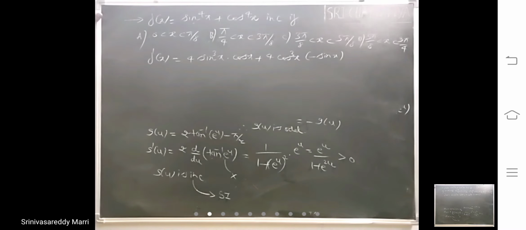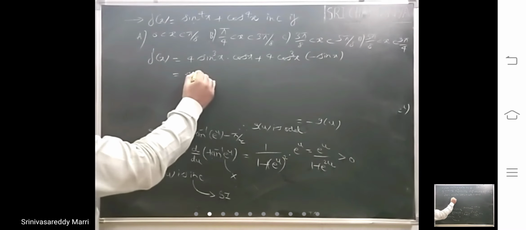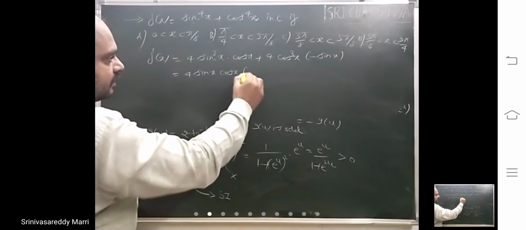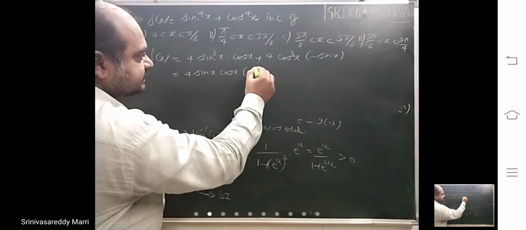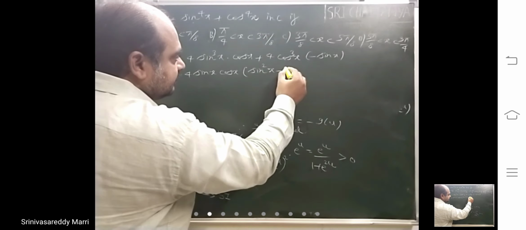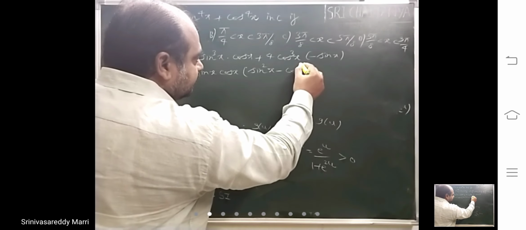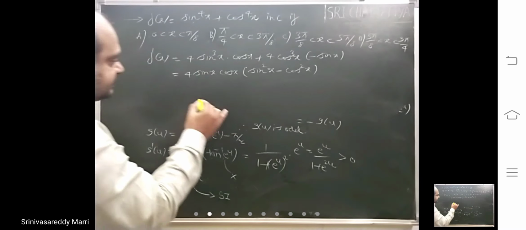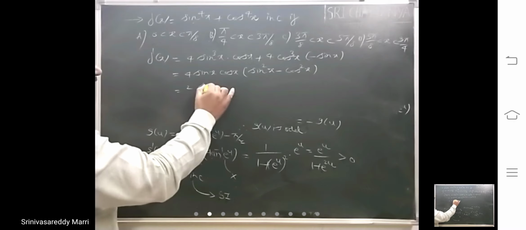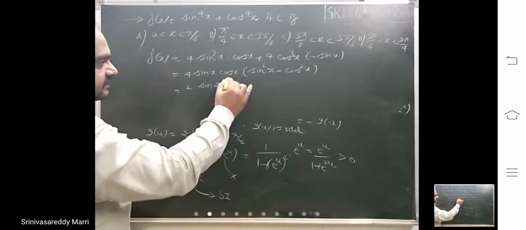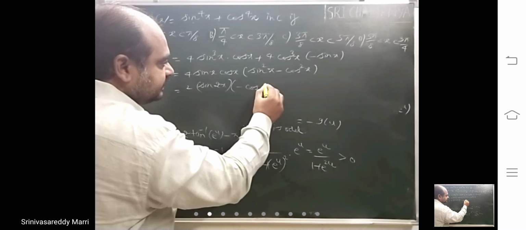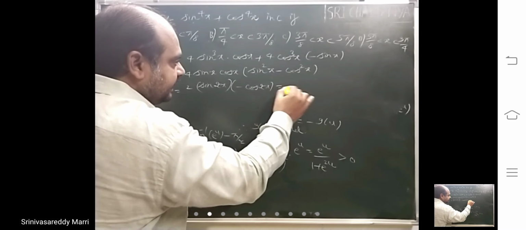So now 4 sin x cos x you take common, you will get sin square x minus cos square x. That means this is 2 into 2 sin x cos x, sin 2x, into, taking minus common, minus cos 2x.